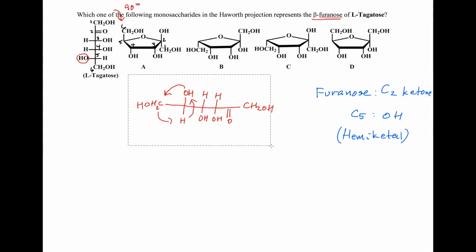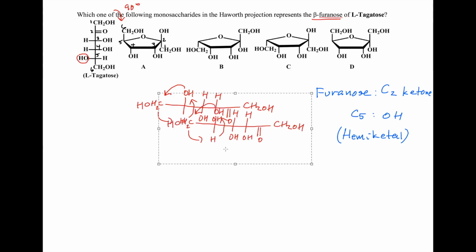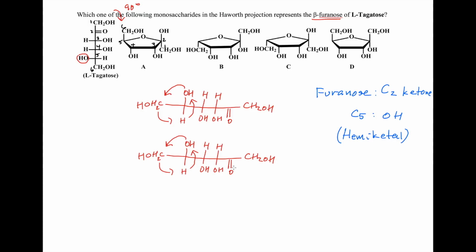So we can go ahead and copy this and draw this again. So really what we have this second time now is we have the H at the top now, the OH here off to the side, the CH2OH here at the bottom, okay? So now we're ready to ring close. So we take the lone pair from this oxygen, okay?